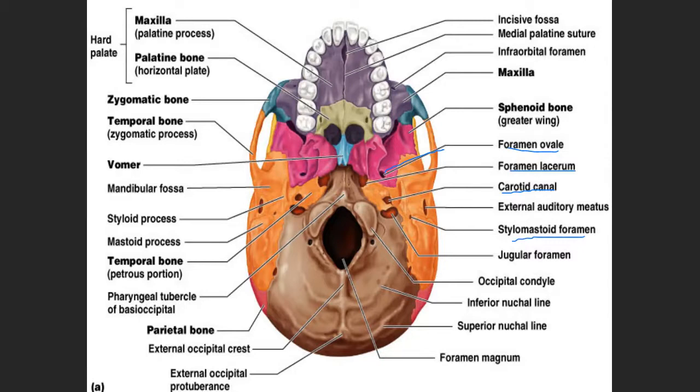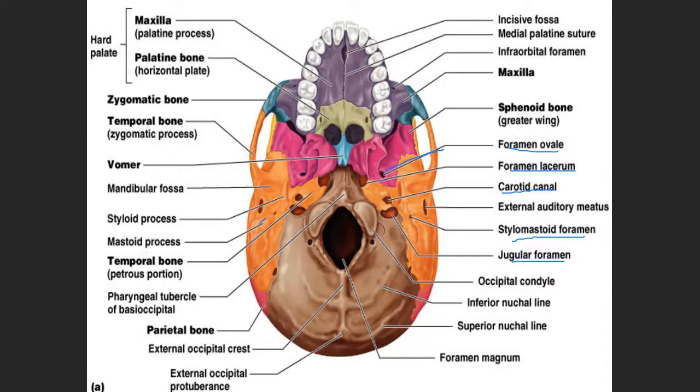This is the styloid process, and this is the mastoid process. In between this, okay, and then the jugular foramen. The carotid canal is in front. Behind this you have the jugular foramen, and then the foramen magnum.